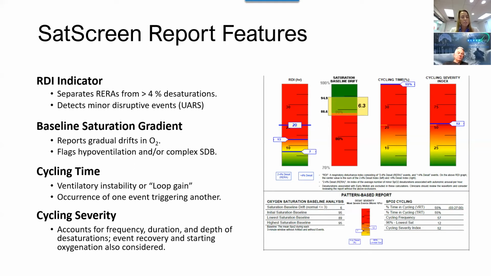And now the cycling severity, we'll touch on this a little more in just a moment, but it accounts for not only the depth of the desaturation, but also looks at the recovery between events and the duration of that event as well. So cycling severity accounts for frequency, duration, and depth of desaturations, as well as the recovery period in between events.